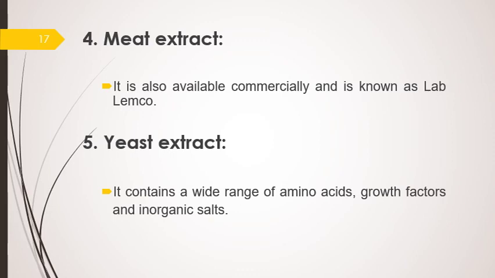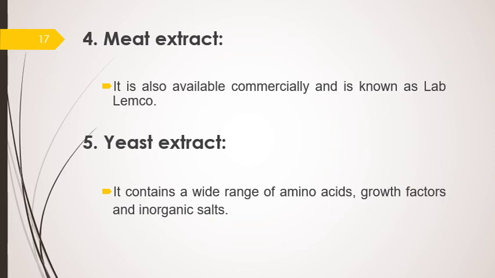So basically meat extract is used for different amino acids. The fifth one is the yeast extract, and it contains a wide range of amino acids like meat extract. So we use either meat extract or yeast extract, one of these at a single time. It also has a role in the growth factor of various microbial communities, and it also possesses inorganic salts.